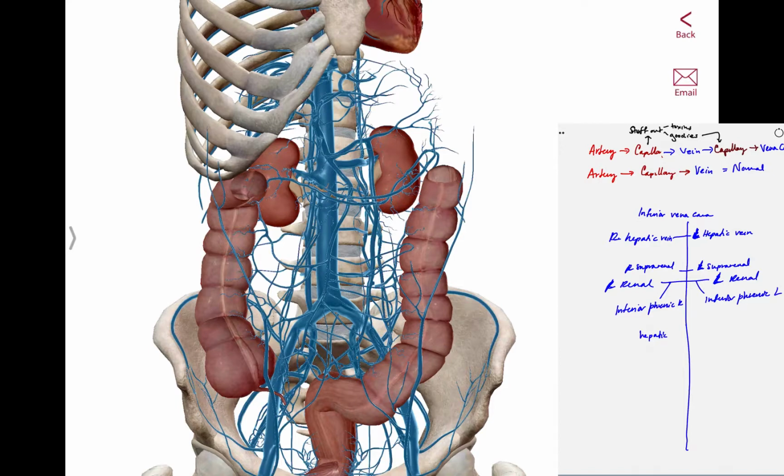So one of the interesting things about the veins of the abdomen really relates to this portal system idea. So think of the portal system like the filter. And if you think about most of what's in your lower abdomen, it's a lot of the digestive organs. So those are getting nutrients and potentially some bad things out of the environment. And what we want to do is filter the bad stuff before we run it through the rest of your system.